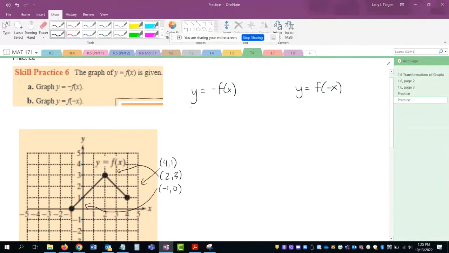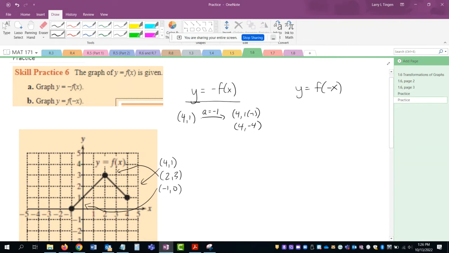So if I have y equals negative f of x, am I multiplying y by -1 or x by -1? Which one is that doing mathematically? Y by -1 or x by -1? Okay, so it's on the outside, so remember what that means. Right, that means I multiplied y by -1.